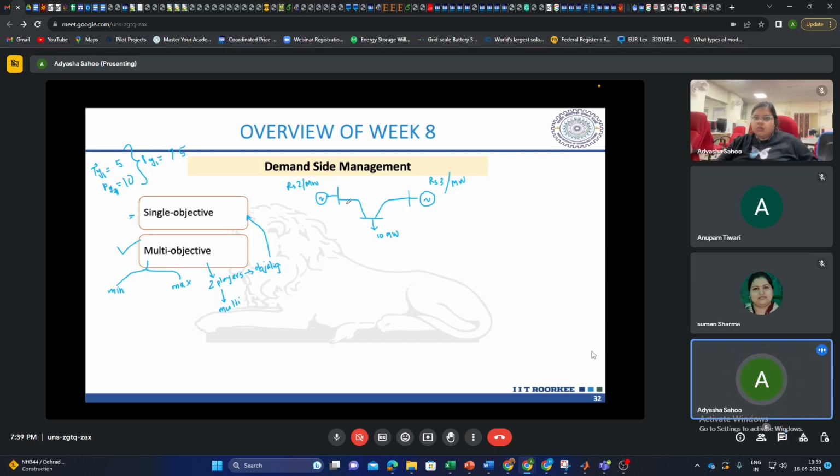So if you carry out a simple economic dispatch, what will be the solution here? Which generator will be dispatched? The cheaper generator will be dispatched. Basically, the solution will be that this generator will be producing 10 megawatt power. This generator will not be dispatched. It will have 0 megawatt of power.